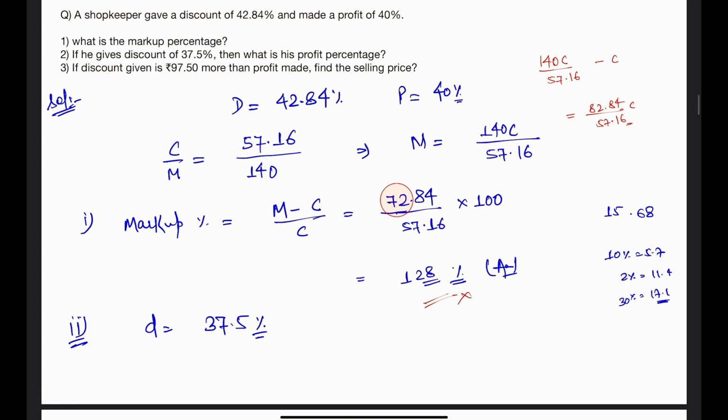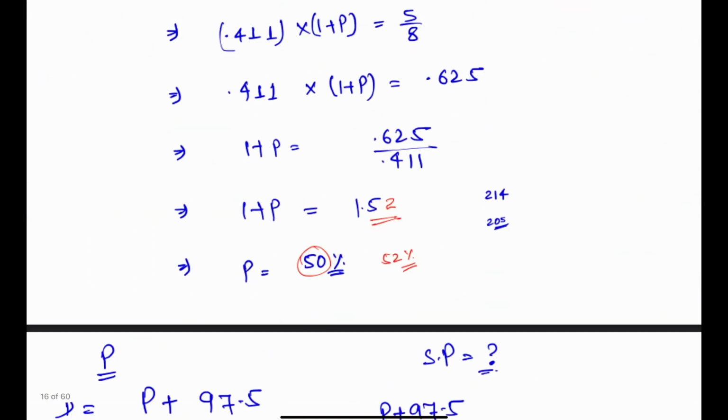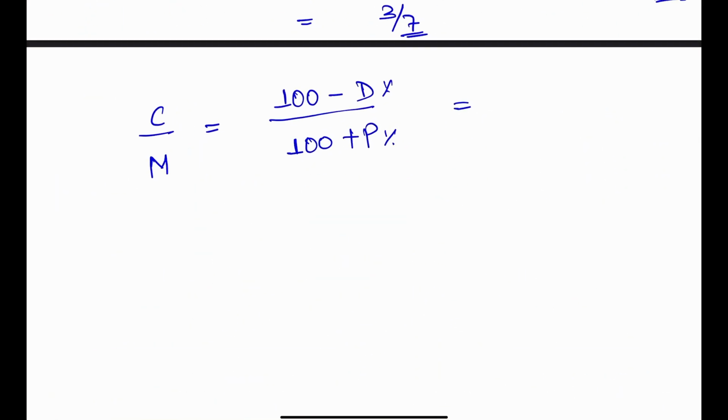In the percentage term we tried to solve but it was taking so much time. So now we will try to solve in the form of fractions. Fraction is nothing but divided by 100. So if I divide numerator and denominator by 100, it becomes 1 minus D upon 1 plus P in the fractional terms.